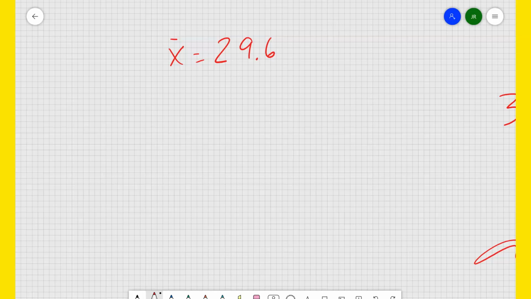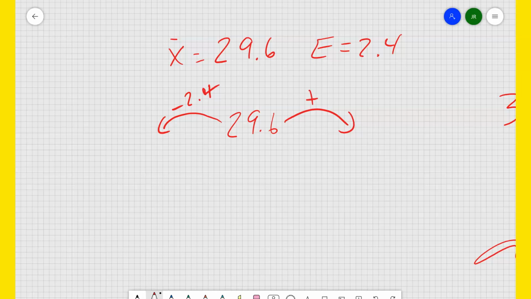But to get my confidence interval, I'm going to say 29.6. Remember, my margin of error was 2.4. So I'm going to say 29.6 minus 2.4 and 29.6 plus 2.4. If I did my arithmetic right, that's going to give me 27.2 on the low end and 32 on the high end.